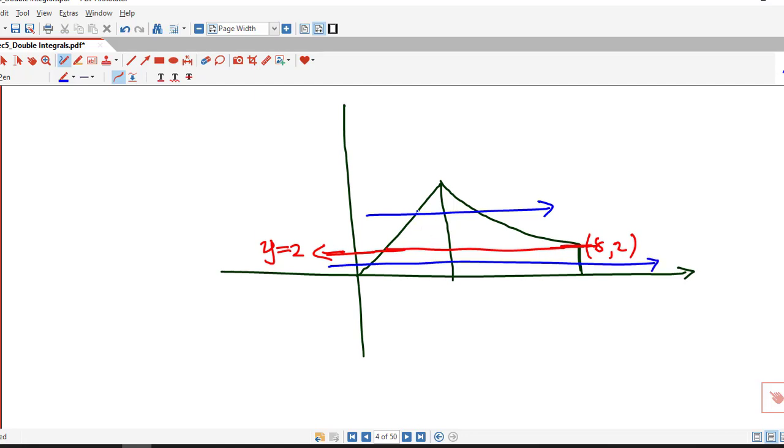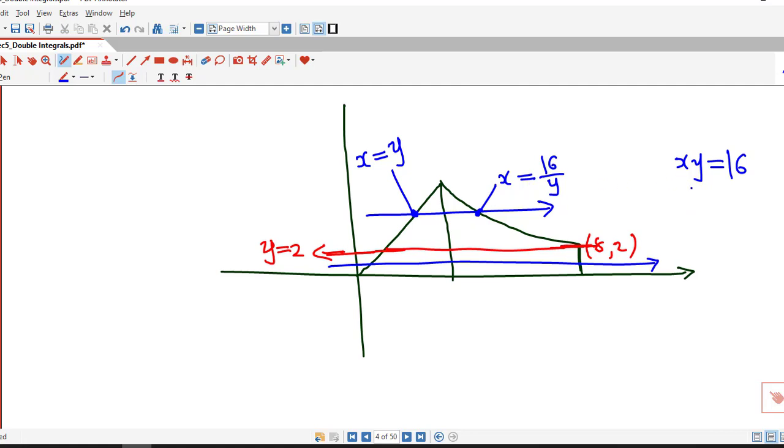So if we consider a horizontal line in this region, the lower limit will be x equal to y, because this line is y equal to x, and the upper limit for x was x equal to 16 by y, because this point is on the rectangular hyperbola xy equal to 16.